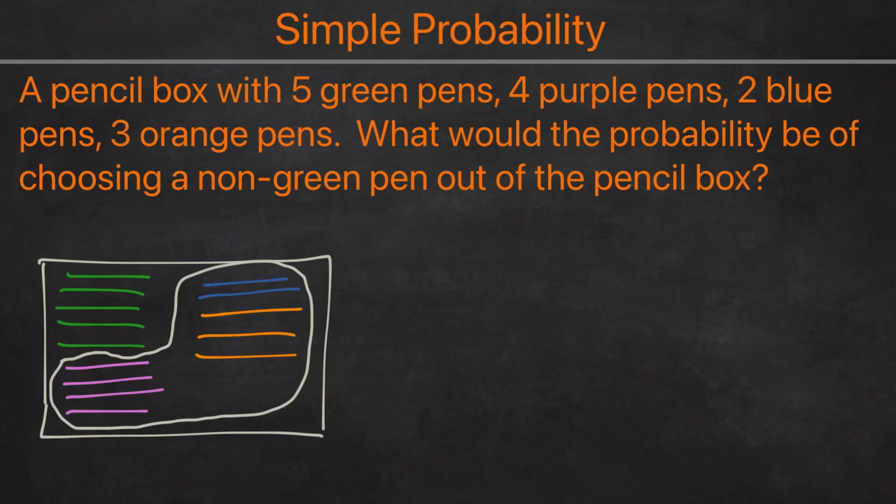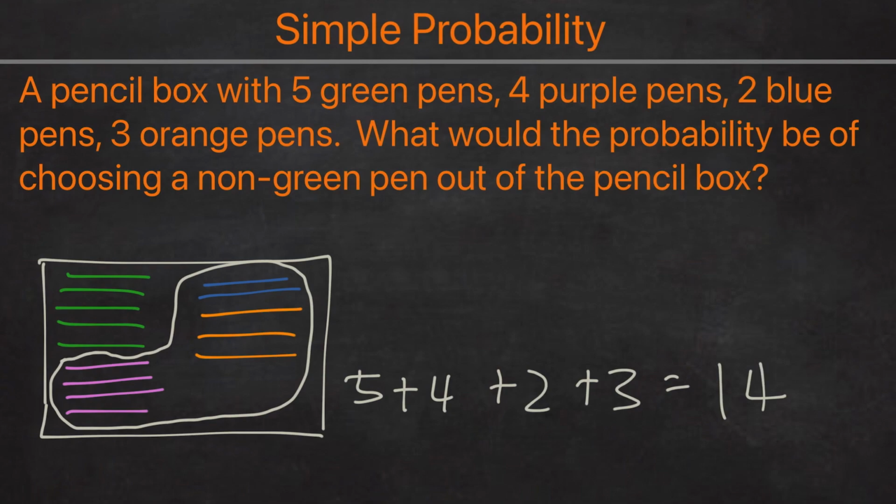So first we need to figure out the outcomes. We have 5 green pens, 4 purple pens, 2 blue pens, and 3 orange pens. So we can add them together, and that equals 14. Okay, so we have 14 as the outcome. And now, how many of those pens are not green?